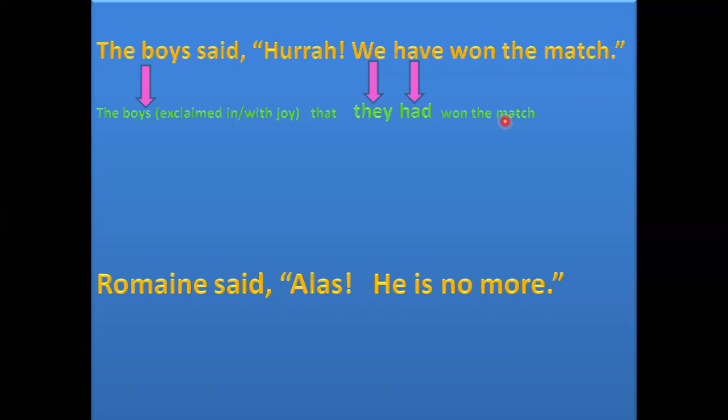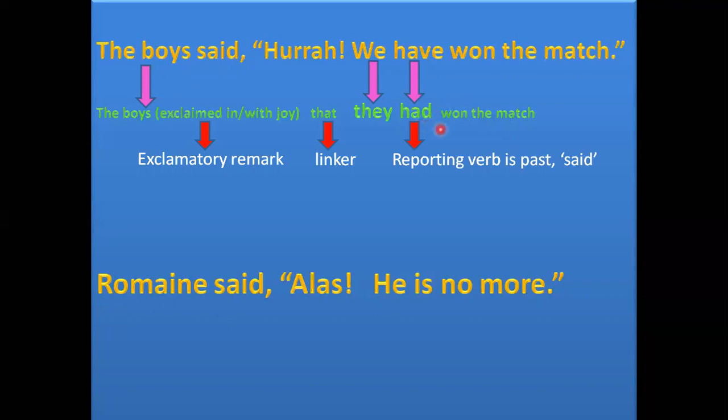Because here the speaker of this sentence is boys, and in the reported speech, first person is always related to the speaker. I have told this in my previous class also. Yes, exclaimed in joy is an exclamatory remark, and that here is the linker. Whereas why this they have has become had, because the reporting verb in the sentence, see, it's past, and that's why in the reported speech, in the indirect speech, the verb has become had.